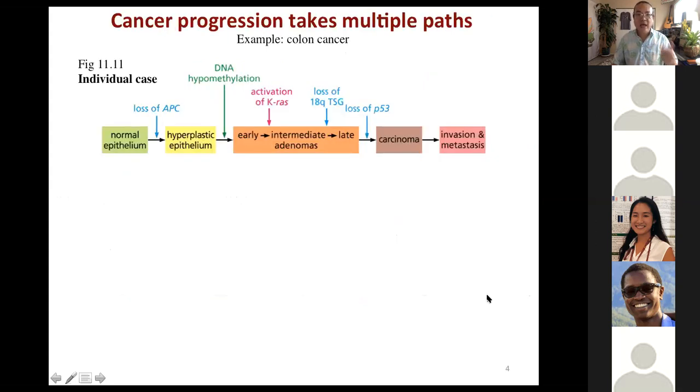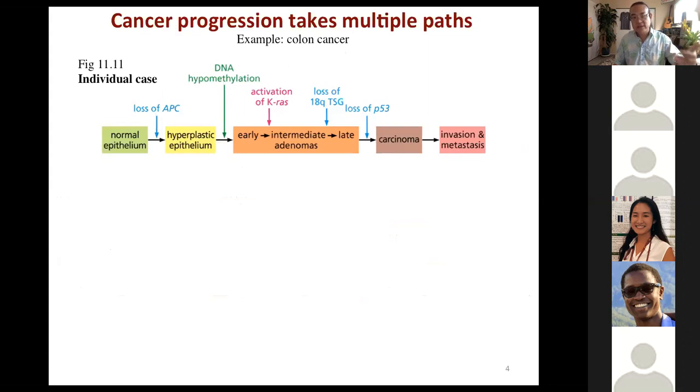So this means that cancer progression takes multiple paths depending on what types of cells you're dealing with. And again, each type of cell that's transforming still has to, by chance, stumble upon the right combination of mutations that takes it to the next step of transforming.